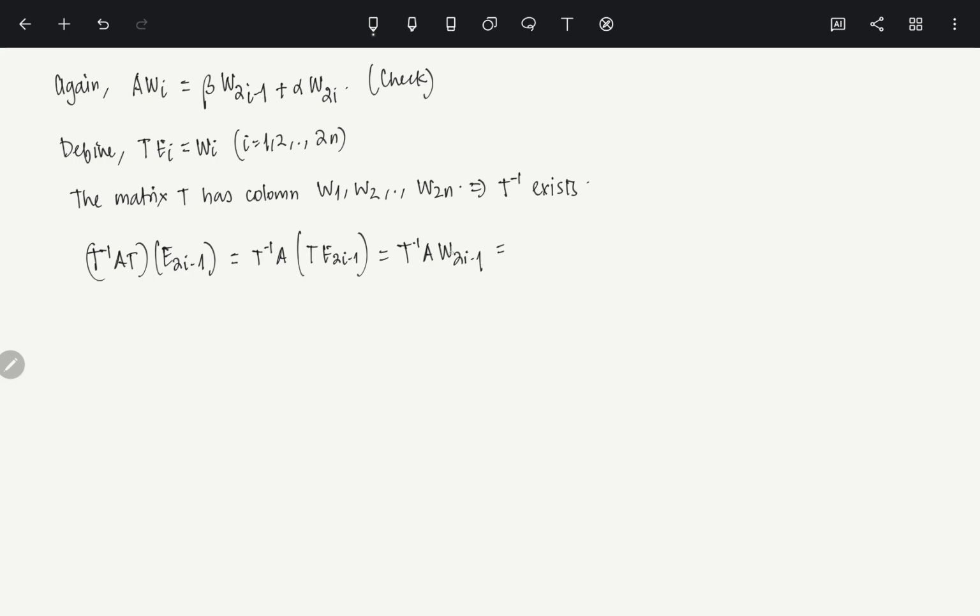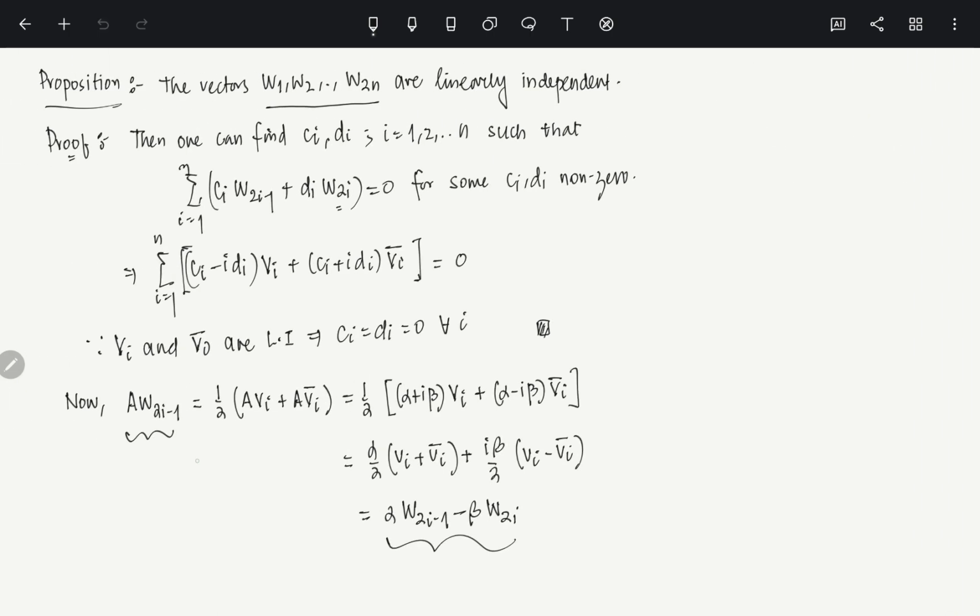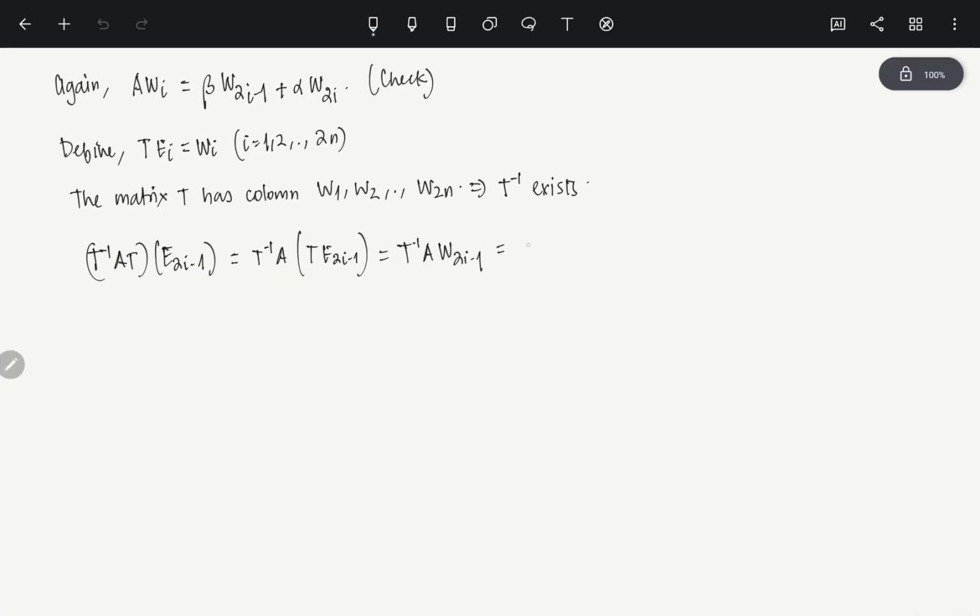Now what is A W_{2i-1}? It is alpha times W_{2i-1} minus beta W_{2i}, right? So this is T inverse of alpha W_{2i-1} minus beta W_{2i}. Clear? Now T inverse is a linear map, so I can take everything inside.